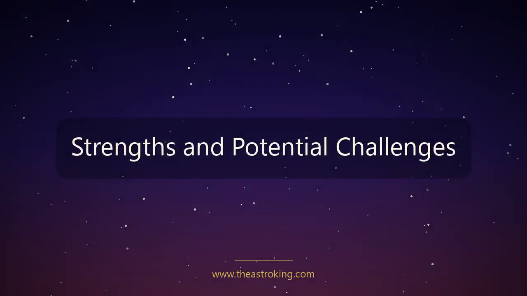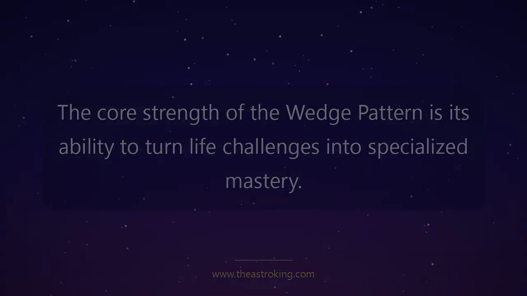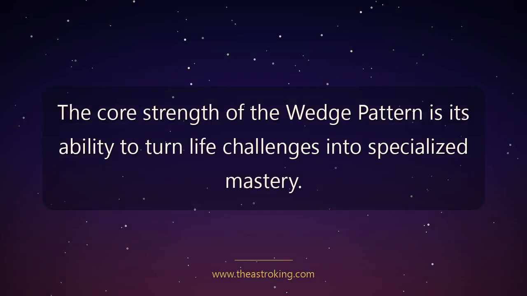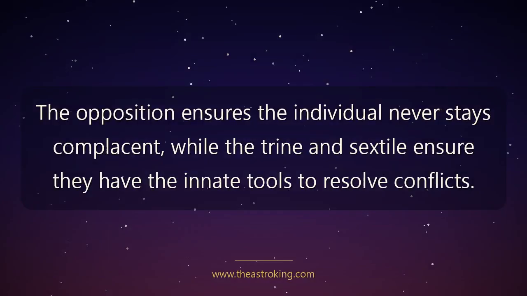Strengths and potential challenges. The core strength of the wedge pattern is its ability to turn life challenges into specialized mastery. The opposition ensures the individual never stays complacent, while the trine and sextile ensure they have the innate tools to resolve conflicts.